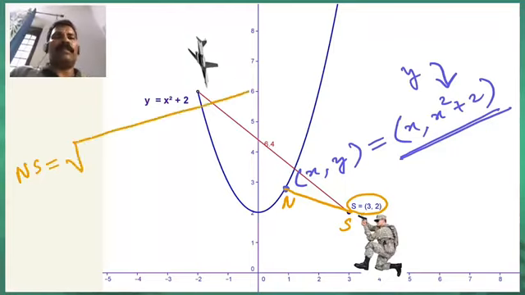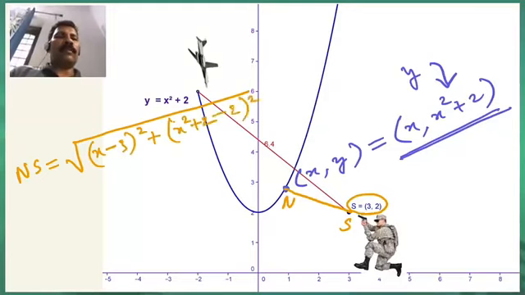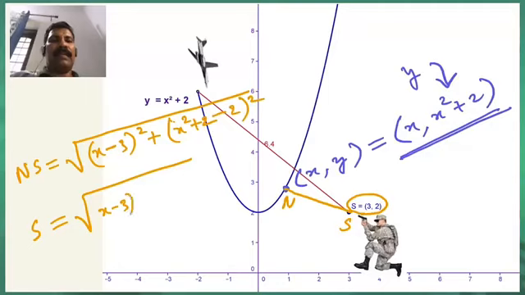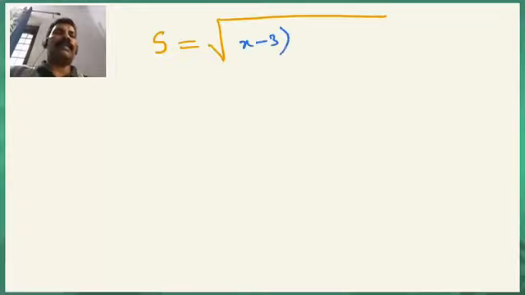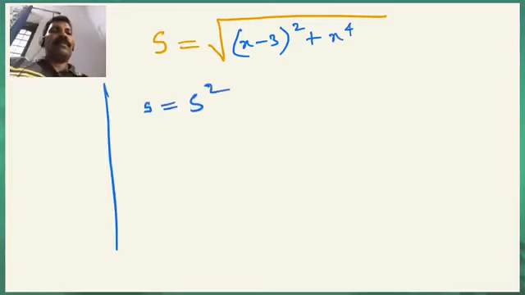That is nothing but the square root of (x minus 3) the whole squared plus (x squared plus 2 minus 2) the whole squared. Plus 2 minus 2 means x to the power 4. S is equal to square root of (x minus 3) the whole squared plus x raised to 4.